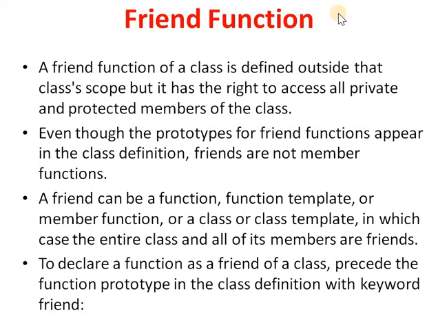In the last lecture, we saw the access specifiers. In those access specifiers, we saw the use of private and protected members. As we know, private data members cannot be accessed outside of the class, and protected data members also cannot be accessed outside of the class, but protected members can be accessed by its derived class or subclass.